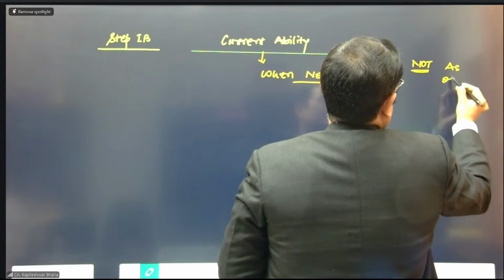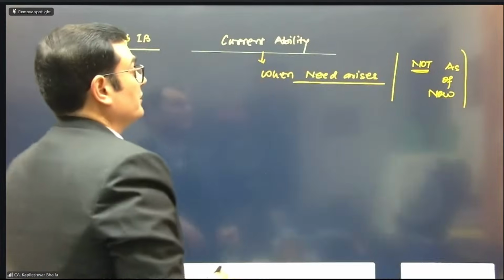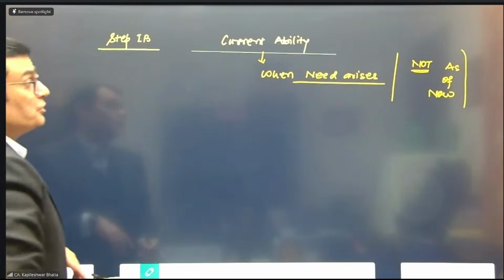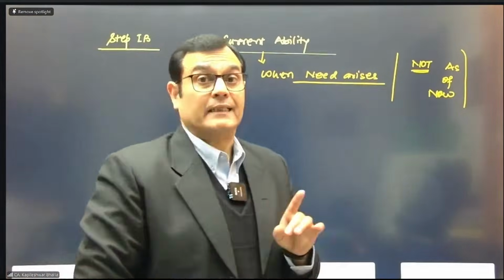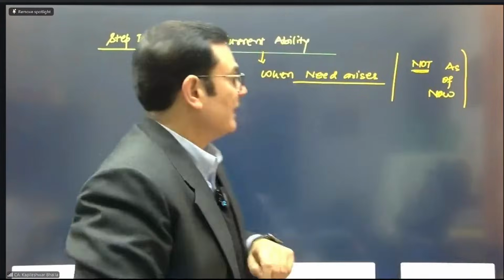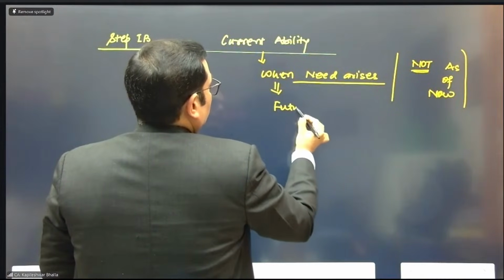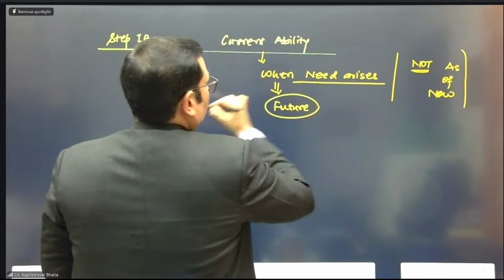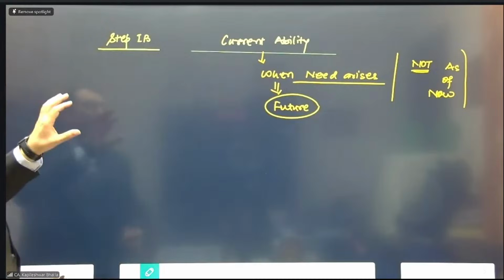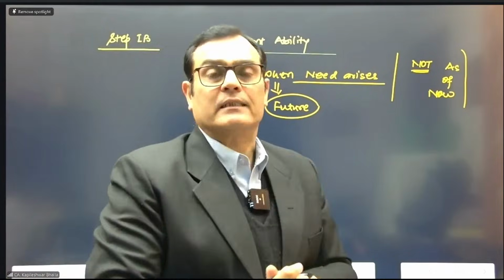It doesn't mean that you're in a position to take the decisions today. You should be in a position to take decisions on these activities when the need arises, futuristic. So when I say when the need arises, I am basically looking at the future. When the need arises at a future date, will you be in a position to take decisions on all these relevant activities or not?